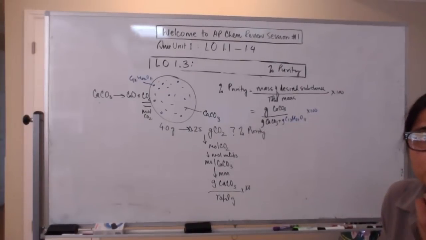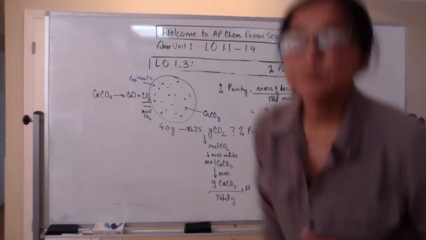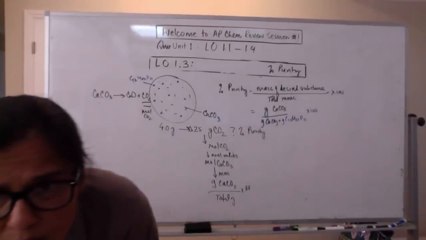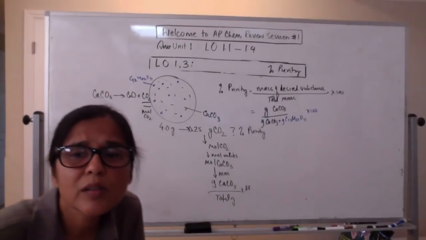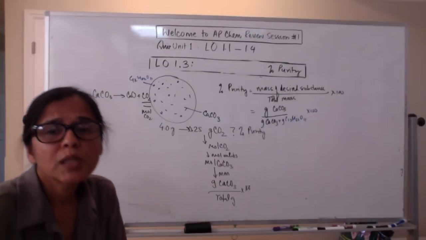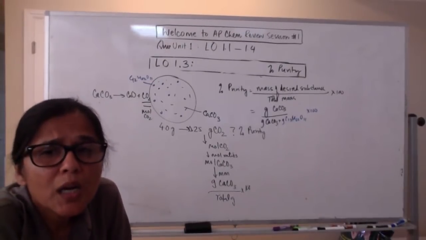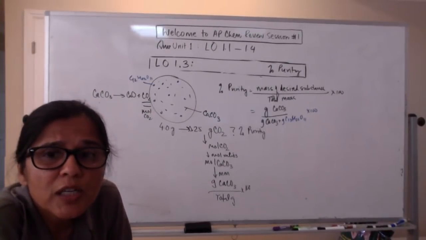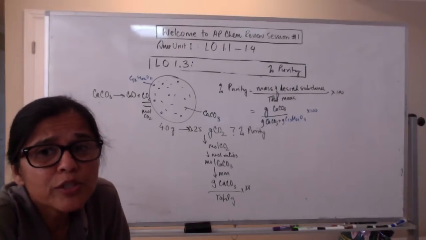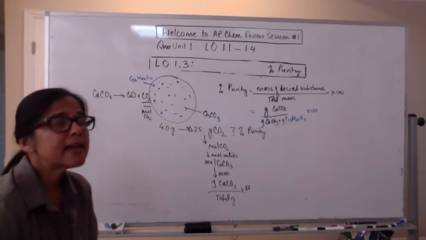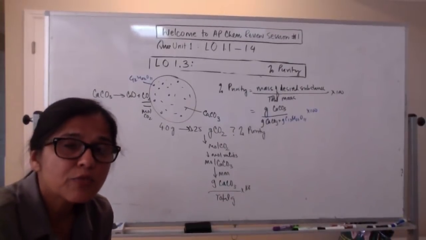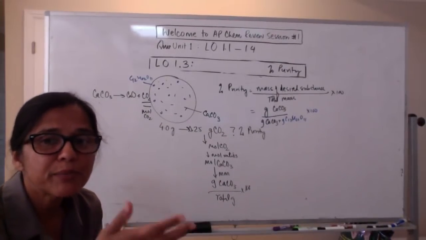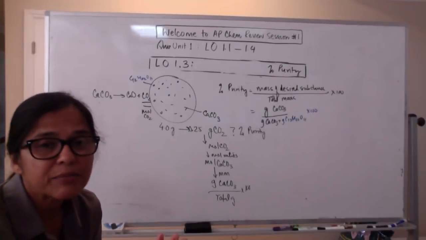Take a minute to absorb it. That question, so percent purity and percent mass. Percent mass may not be for the desired substance. For the desired substance, percent purity and percent mass is one and the same thing.